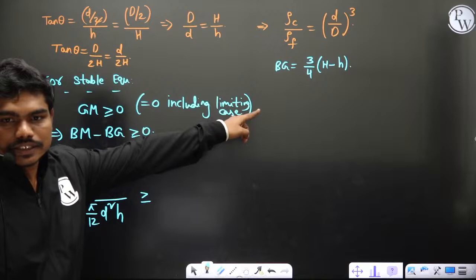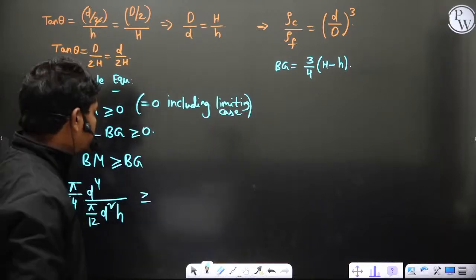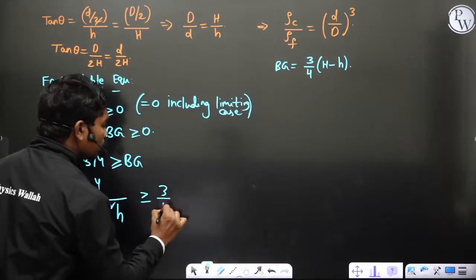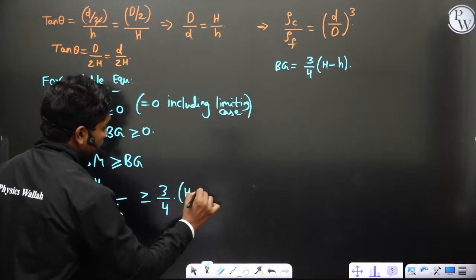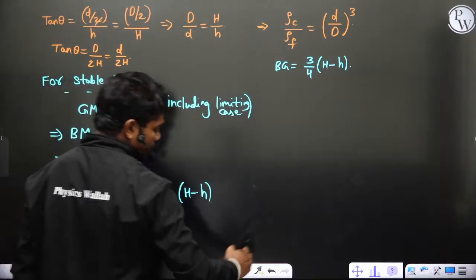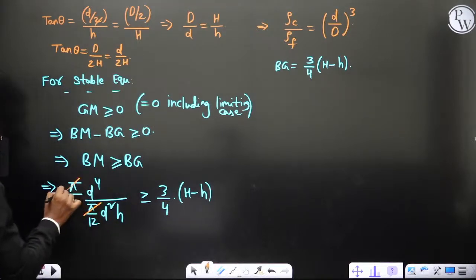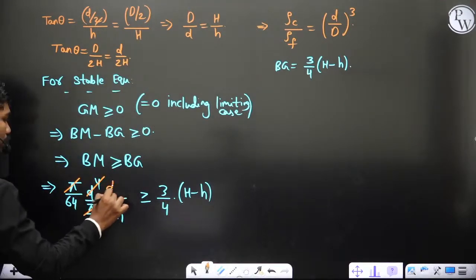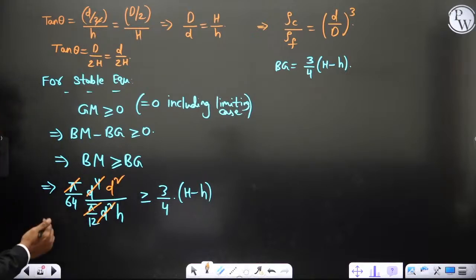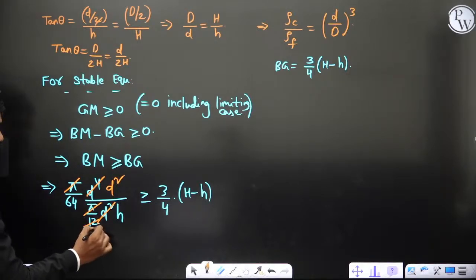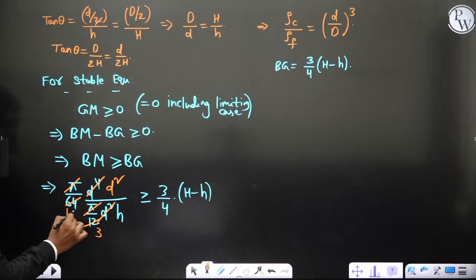Can I say this? Now this should be greater than or equal to 3 by 4 times of H minus h actually. Okay, now this is the condition. If you simplify certain things, pi and pi get cancelled, obviously this d square will eliminate this d square, and also we can see this is 12, maybe 4 threes are 12 and 4 fours are 16.